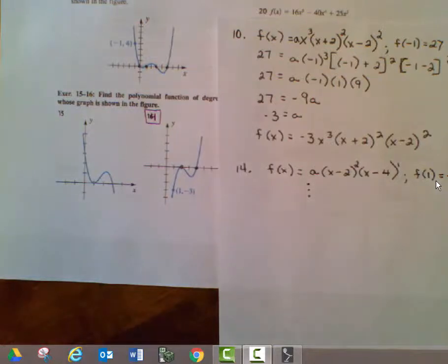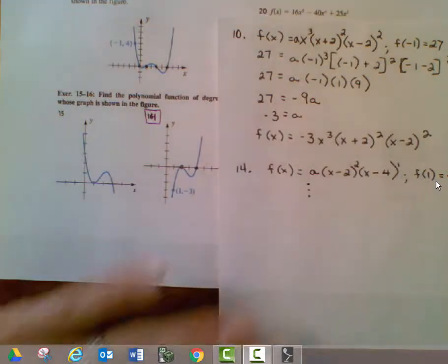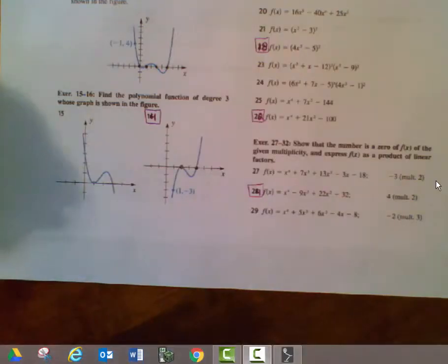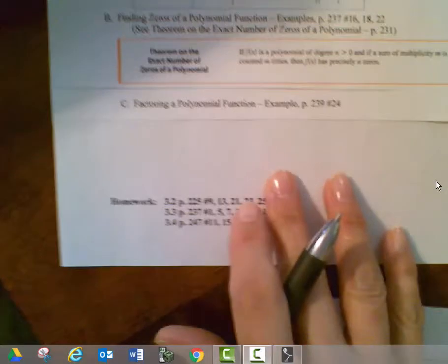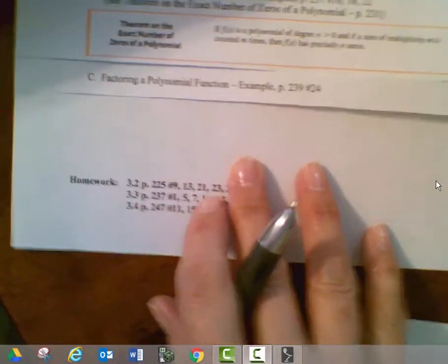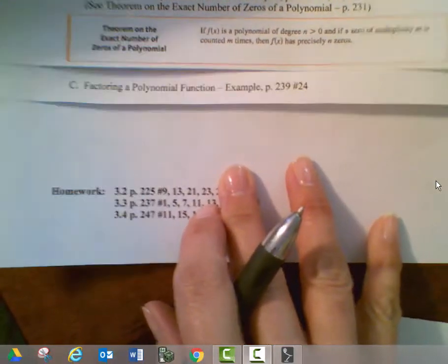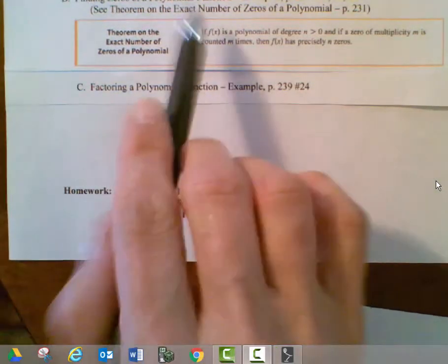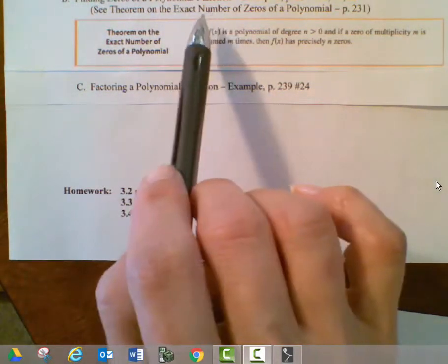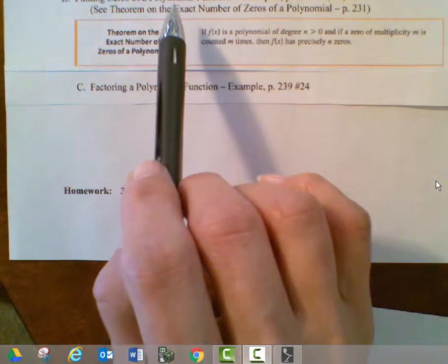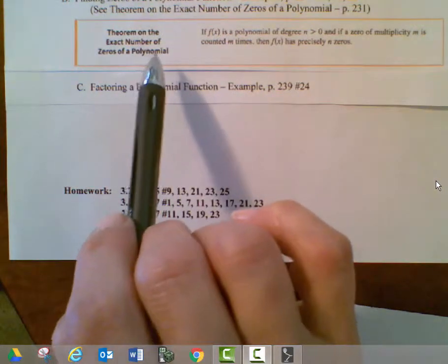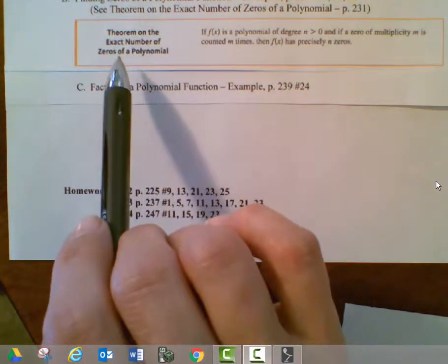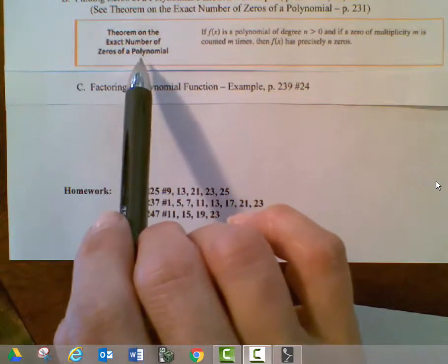And there are actually two other things in 3.3 that I want to mention. The second thing in the notes is finding zeros of a polynomial function. You need to look at this theorem on the exact number of zeros of a polynomial.